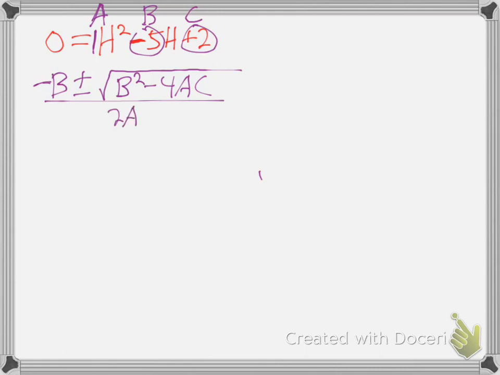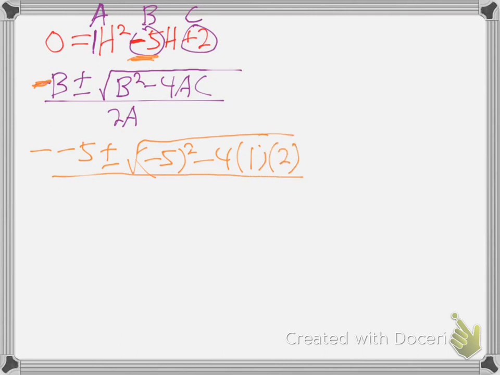So negative B, now watch, B's negative, so negative in the formula and negative on the B, negative negative 5, plus or minus square root of B squared minus 4 times A times C, all over 2A, okay?